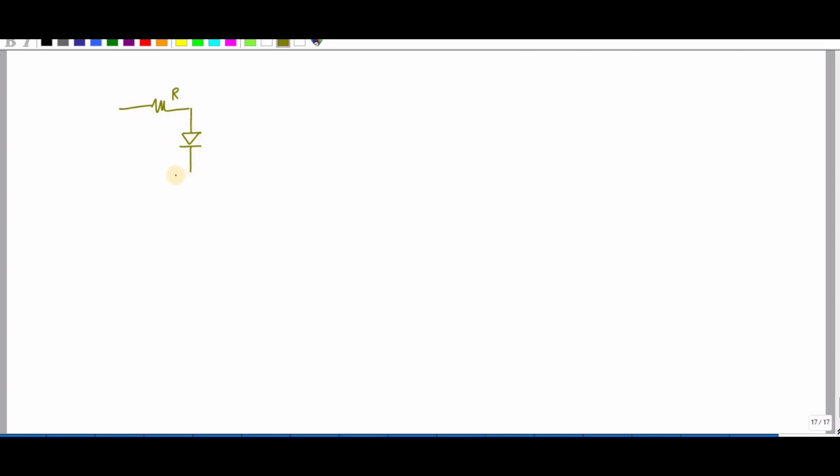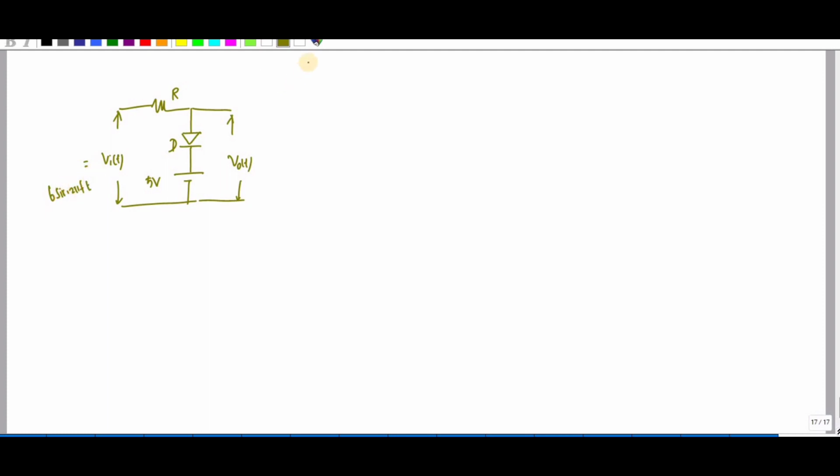Consider the given circuit. So far we have discussed the ideal diode, which will work even when we are giving a forward bias. So we know the cut-in voltage of this diode, right? The cut-in voltage of the diode is 0.7, right? So 6 sin 2 pi ft.